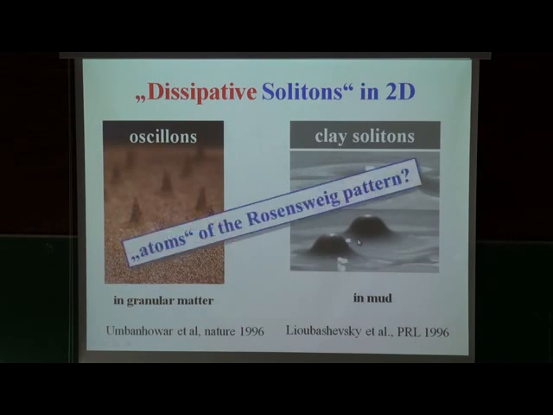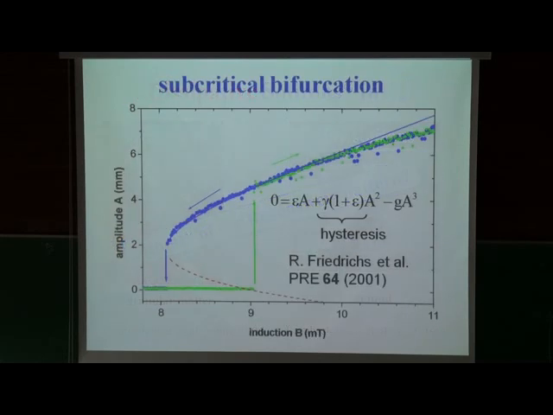So this has been very well known. The question was, does this exist also for the case of the Rosensweig patterns? The Rosensweig patterns, as I have shown you, are very well known since 1967. So we thought about whether it is possible to generate a localized state of such a Rosensweig pattern.